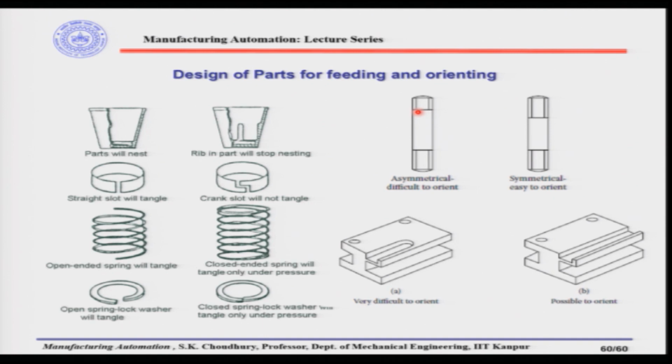So, economically it has to be properly justified, that if we can make the change in the design in such a way, how much cost will be incurred, and whether it can be justified by eliminating the reorienting device for this kind of parts.